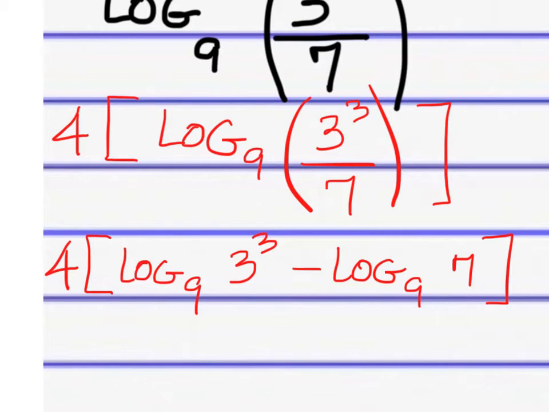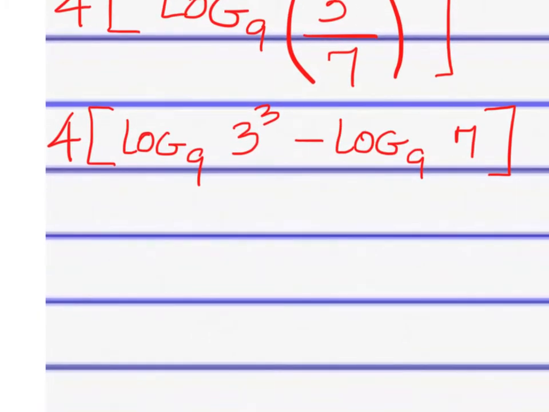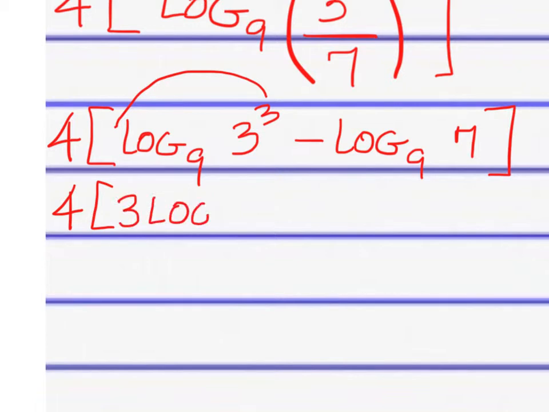Now we still have more that we can do with this. We're going to keep the 4 in the bracket, but move this exponent in front of that log and make it 3 log base 9 of 3, and then minus log base 9 of 7.